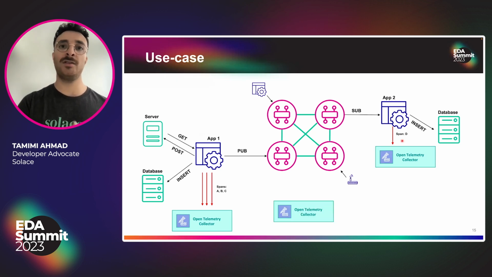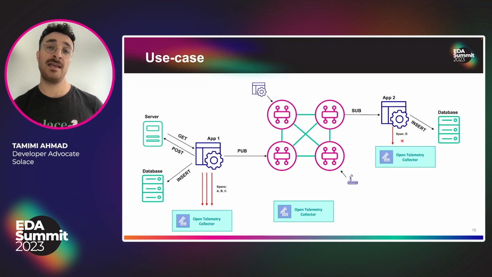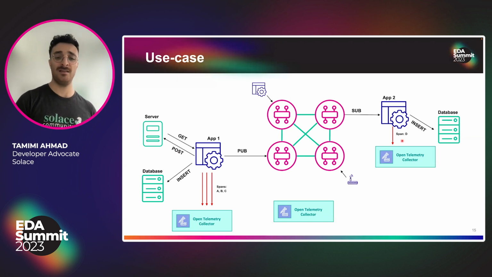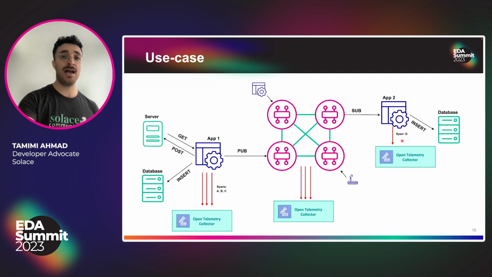This is where distributed tracing for event-driven architecture comes in, with the distributed tracing support within the Solace PubSub+ program. So now we could have an OpenTelemetry collector, and the mesh or the different brokers that we have within the mesh could generate spans on the OpenTelemetry collector.